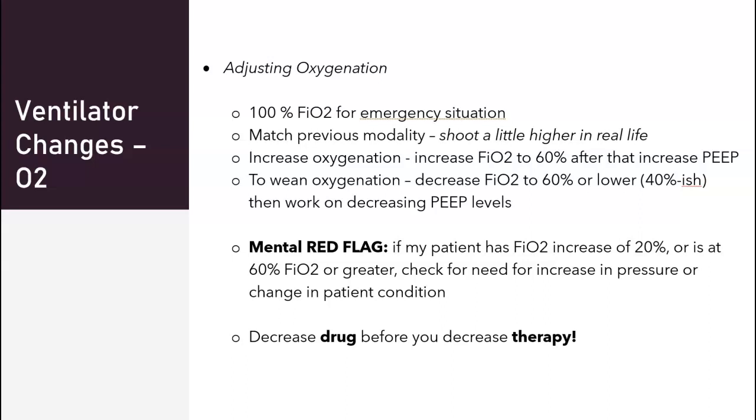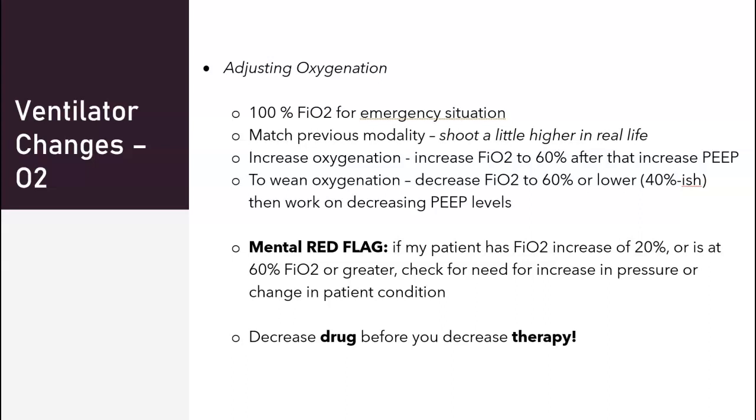For me, a good mental red flag in my practice is if my patient has an increase in FiO2 of 20% or greater, or is at 60% or greater. I need to check if I need to work on increasing my pressures, or if there has been a change in condition for my patient. Has my patient randomly popped a pneumo? Has my pulmonary compliance changed?